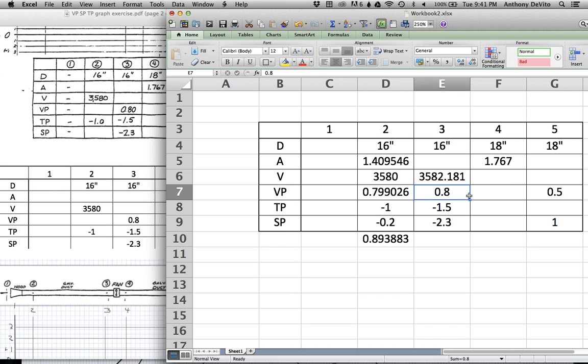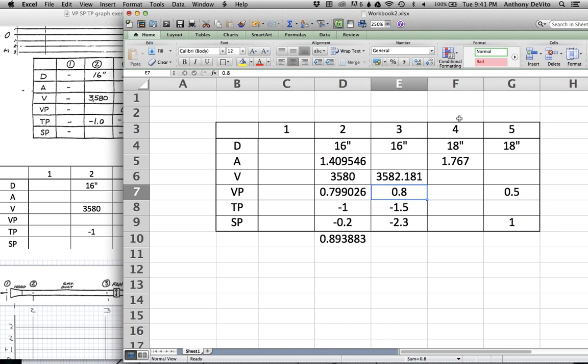So again, the velocity is the same as it was before. We didn't really have to do that calculation. There's a rounding error there. You get why these numbers are the same? Unless there's a change in the size of the ductwork, which is about to happen now, there's no reason for that to change.